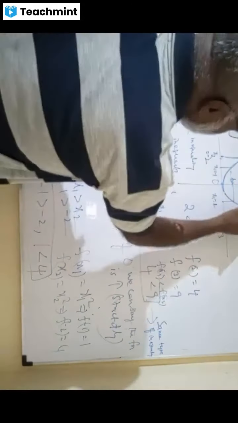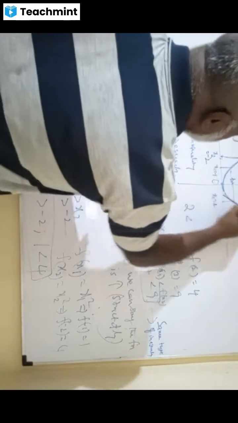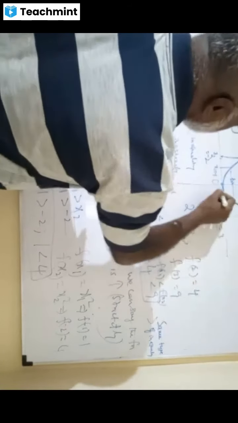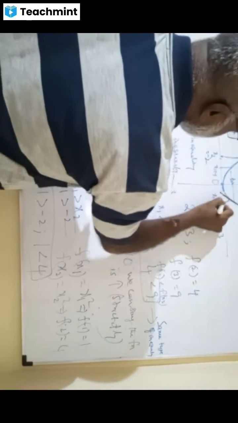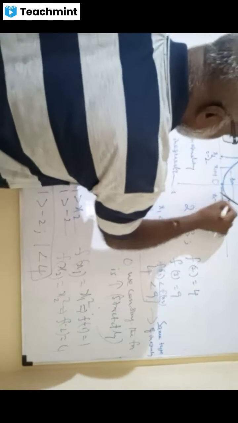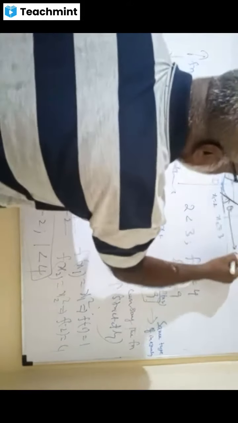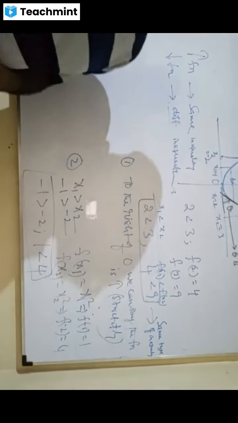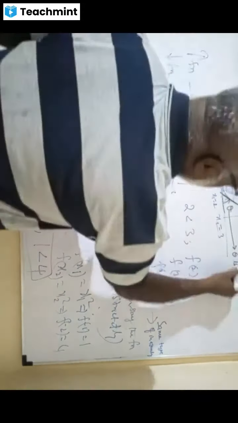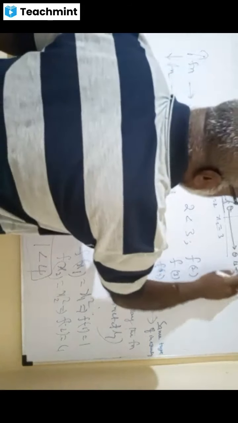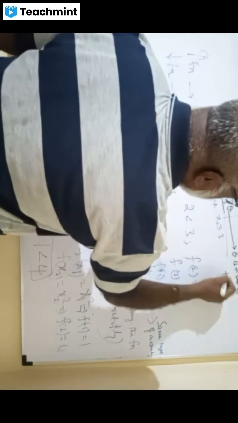Suppose I take a point here, draw a tangent, and measure this angle from the x-axis, anticlockwise, theta. Can you say theta is acute or obtuse? Acute. If theta is acute, what is tan theta?